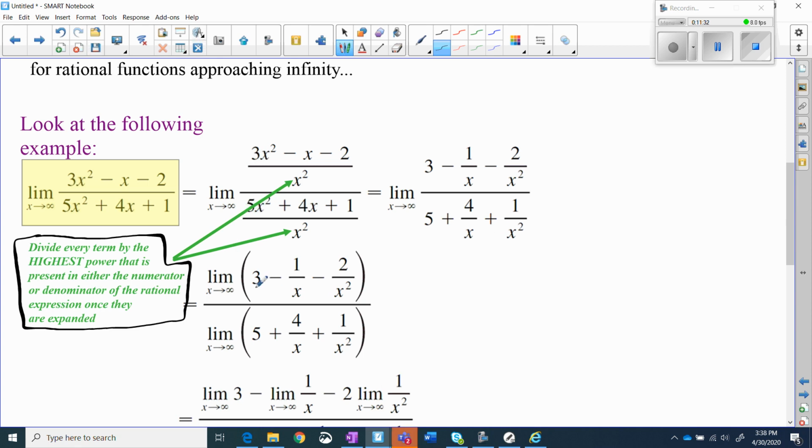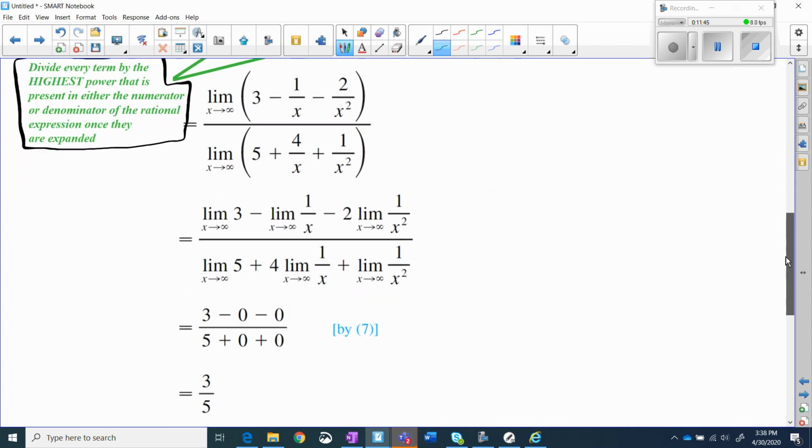Then essentially what you can do is just take the limit of each of these terms individually as x is going to infinity. Now they're showing that all out here. I'll show you another example, and I would not show nearly as much work as this.